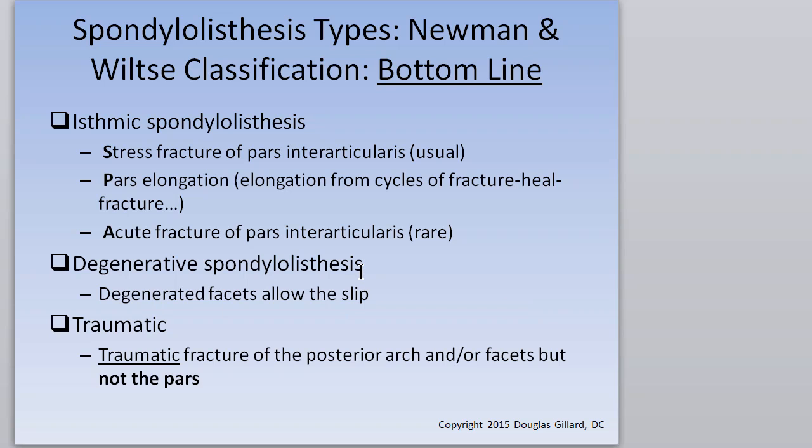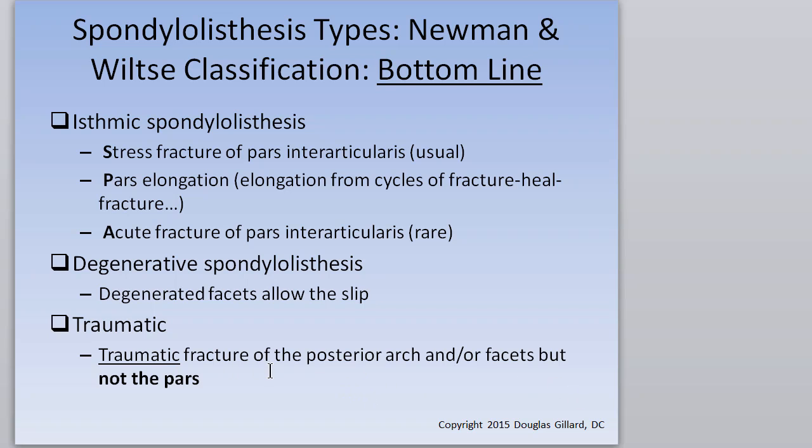Degenerative spondylolisthesis, we talked about that. The facet, specifically the superior articular process facet, allows the slip, and it's because it becomes so degenerated it can't hang on anymore. Traumatic pars.